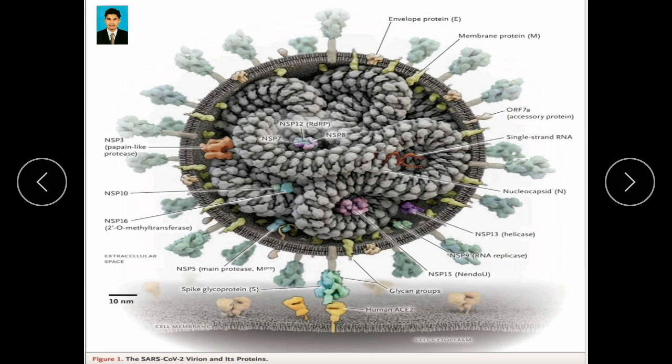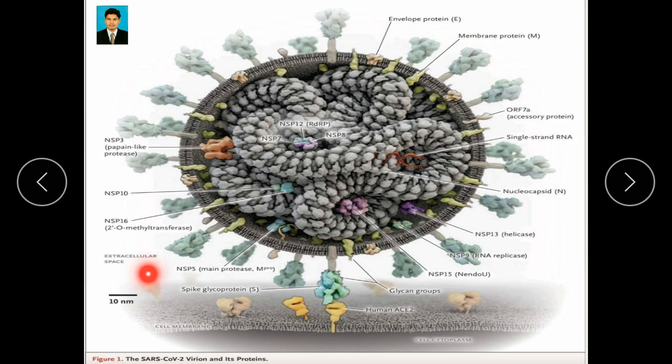So the researchers are focused on this point, how to prevent this binding. If the binding does not take place, the virus is unable to enter inside the cell. So the research is going on. We are also working on this same process where we want to prevent the entry by preventing this binding. Okay, I'm going to discuss that later on.